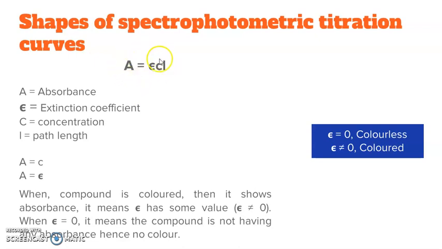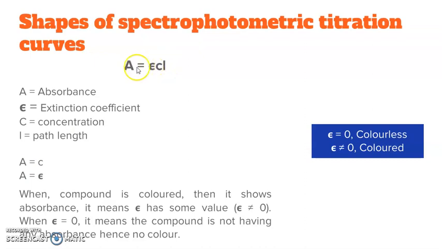We can rearrange this equation to obtain two cases: A is equal to C, or A is equal to epsilon. In the first case, when A is equal to C, the epsilon and the path length are at unity, or they are fixed, constant values.